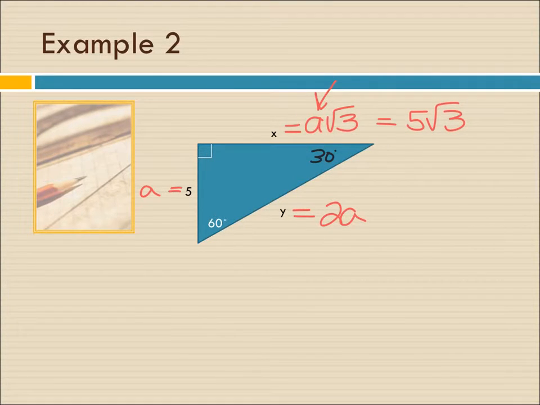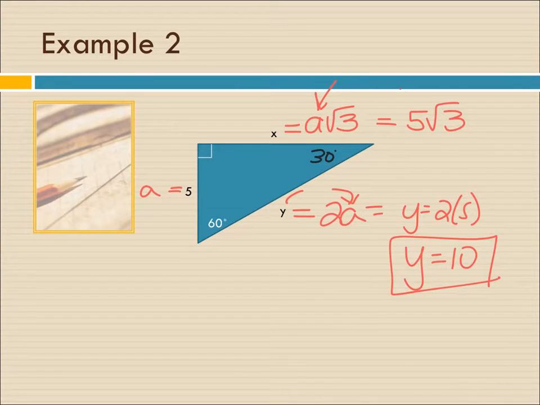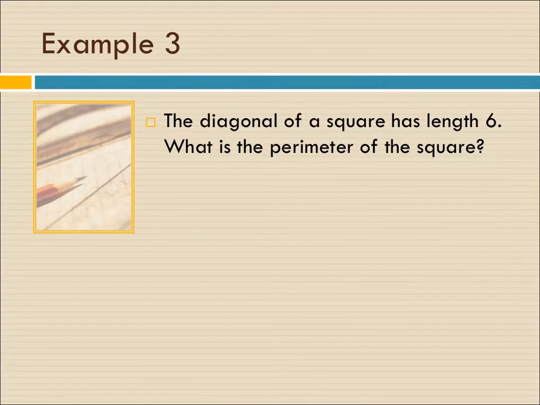And if A is 5, and I plug it in the place of A, then Y is 10. So these are the easy ones, the ones that they give you the A, right? Because then you just have to multiply it. Then you're going to start to see a little bit more application on here, so they're not such straightforward.